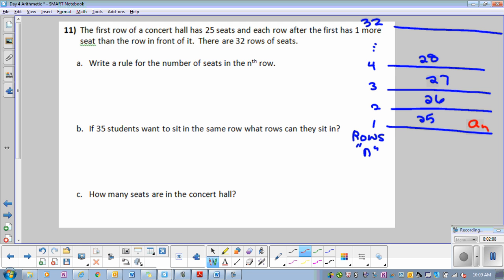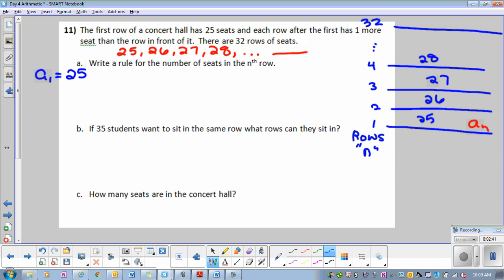So if I look at this, the sequence is really 25, 26, 27, 28, and so on up to 32, right? So tell me, a sub 1 equals what? What is the first number in this sequence, in this list? 25.